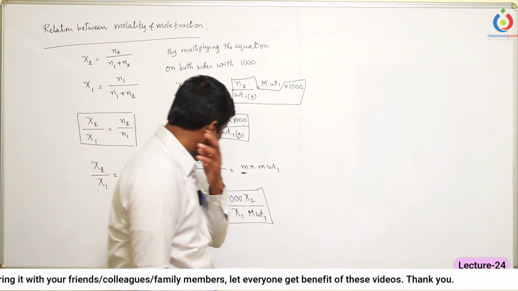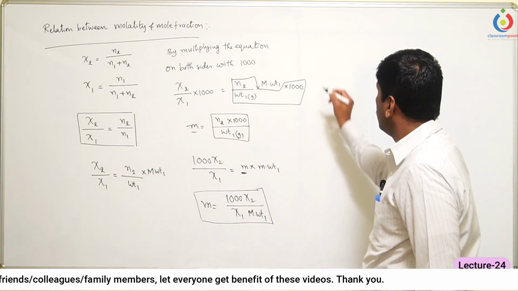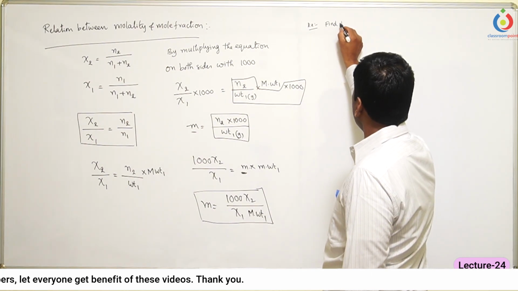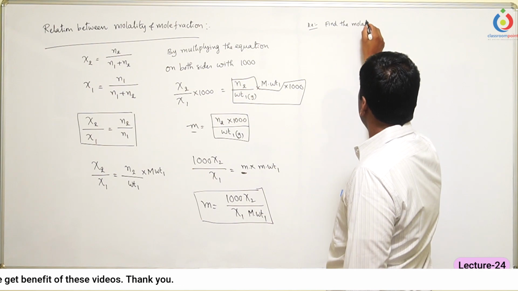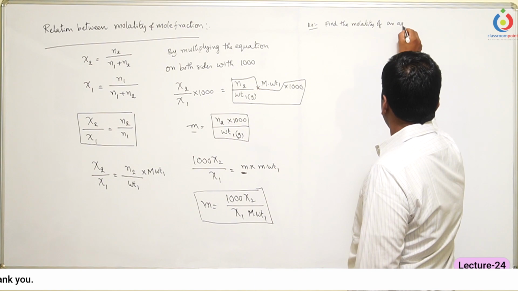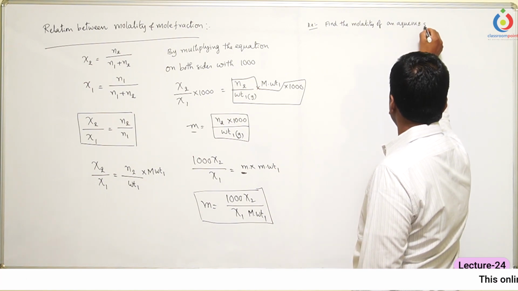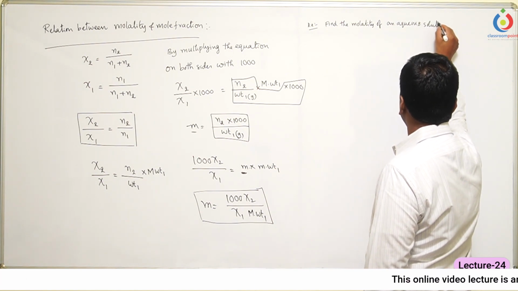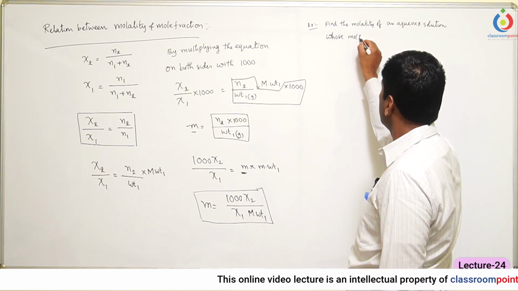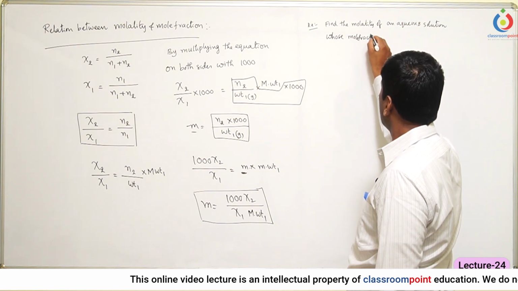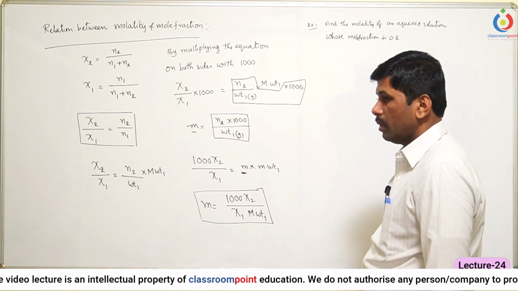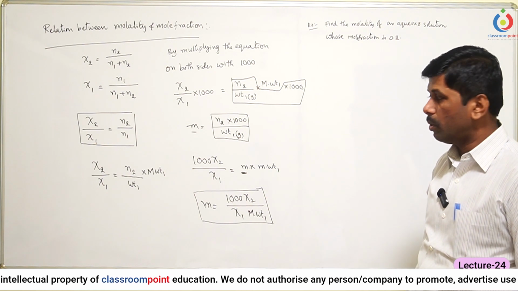So let us see one question on how to use this formula. Example: find the molality of an aqueous solution whose mole fraction is 0.2. So the mole fraction of the solute is given as 0.2.